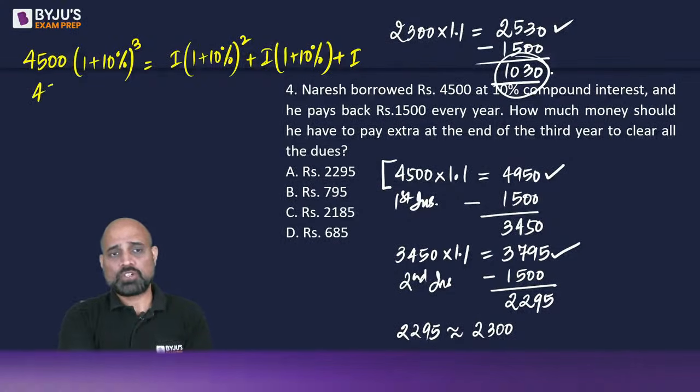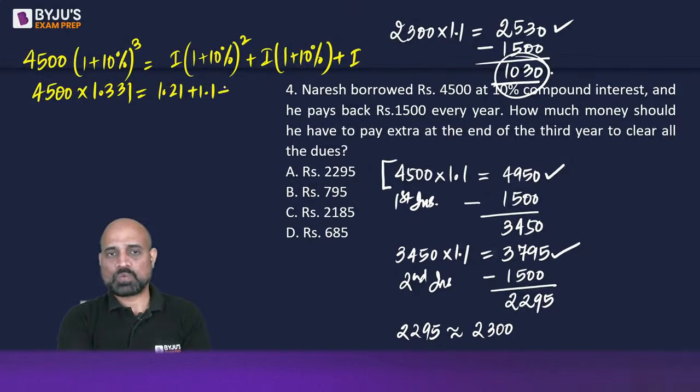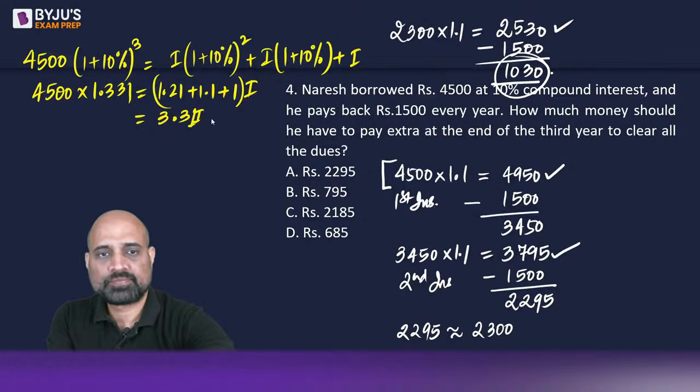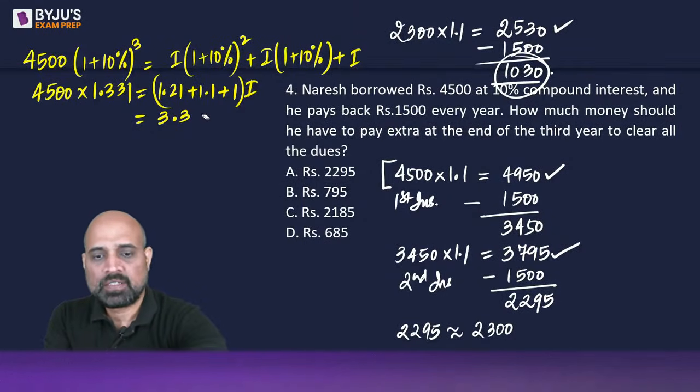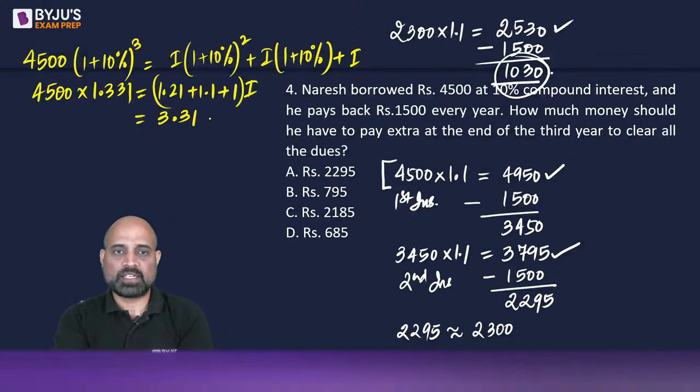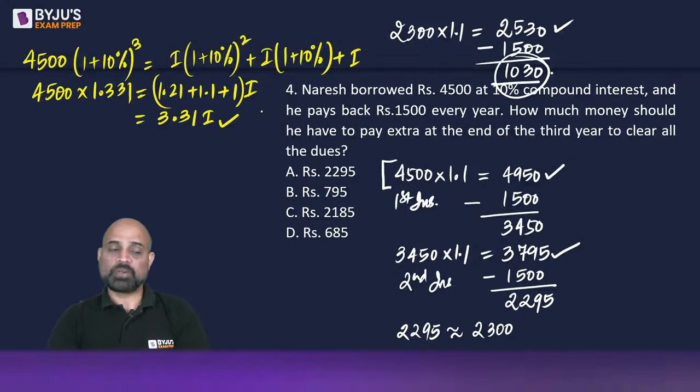So this is going to become 4,500 into 1.331 is equal to 1.21 plus 1.1 plus 1 times I, which is going to give us 3.31 I. But the thing with this particular formula is you will be able to calculate the installment that we should have.